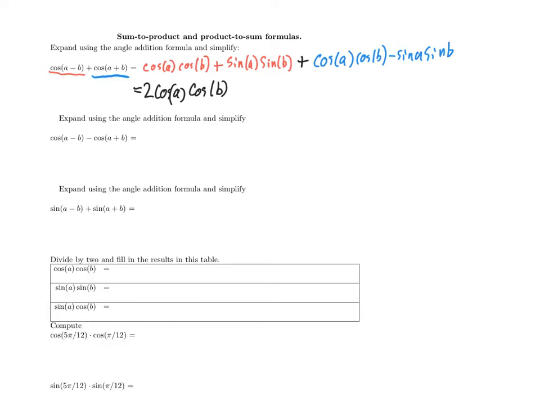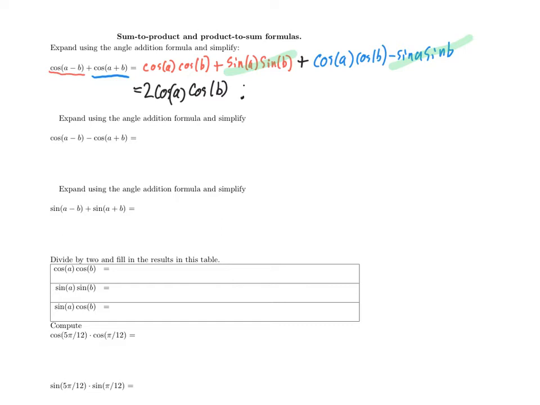Those will cancel. So, what do I have? I see that 2 times cosine a cosine b is equal to cosine of a minus b plus the cosine of a plus b. So let's take this and reduce it a little bit.